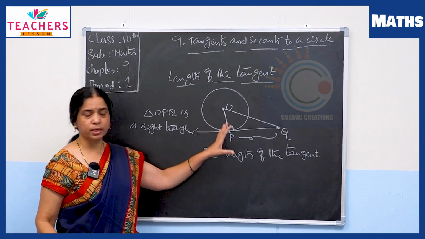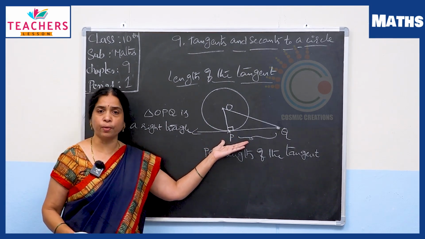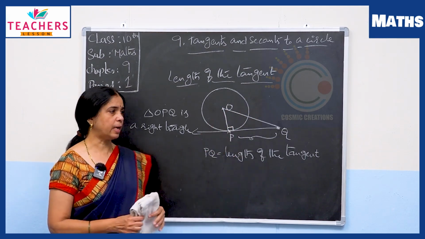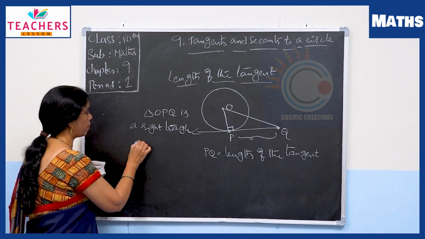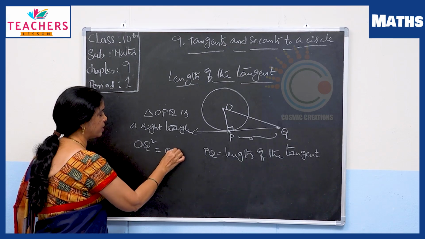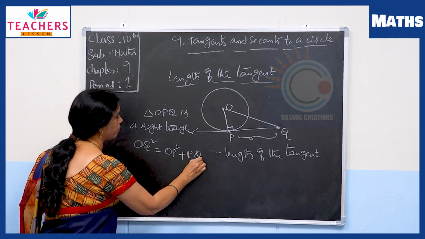Triangle OPQ is a right triangle. In a right triangle, hypotenuse square equals side square plus side square. Here the hypotenuse is OQ. OQ square equals OP square plus PQ square.